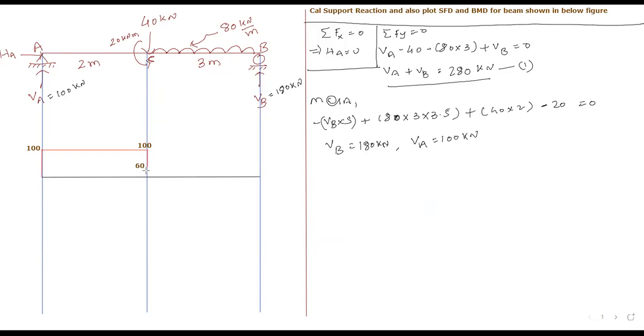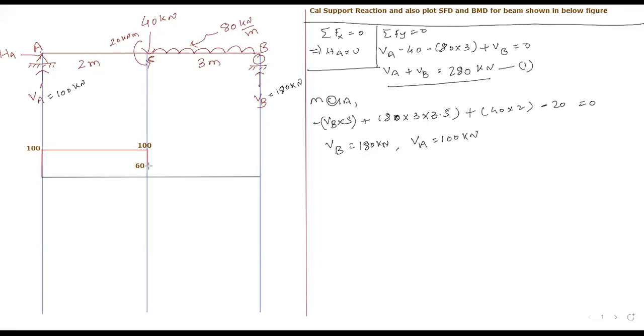Consider the latest value, I have also given a hint. Which one is the latest one? 60 is your value.